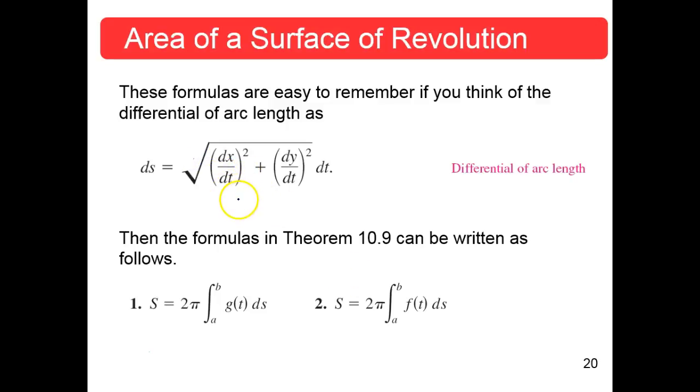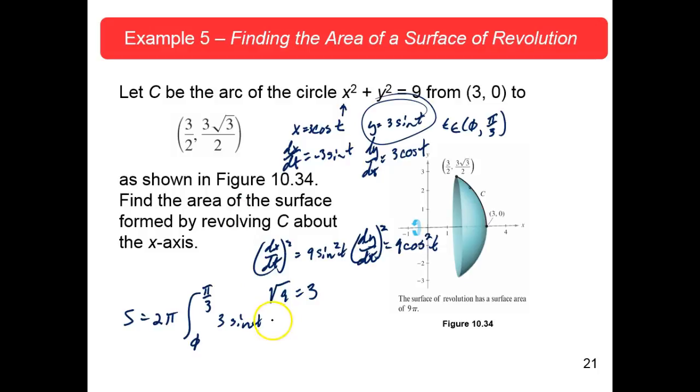We calculated that to be 3, times another 3 dt. Well, let's take these 3's, that 9, multiply it by 2, and that's going to be our 18 pi times the integral from 0 to pi thirds of what? Sine t dt, right? Wow, that simplified, didn't it? That'd be 18 pi.